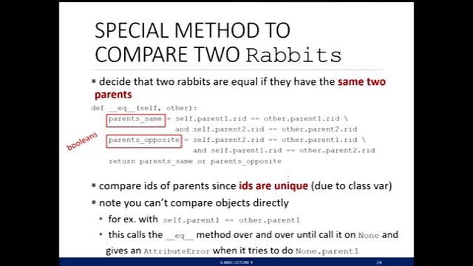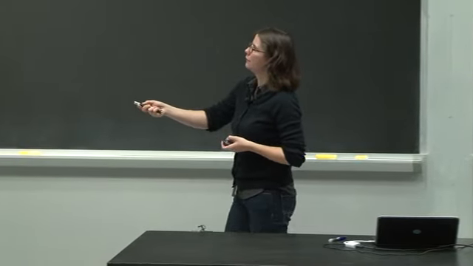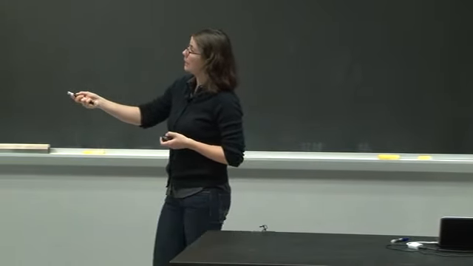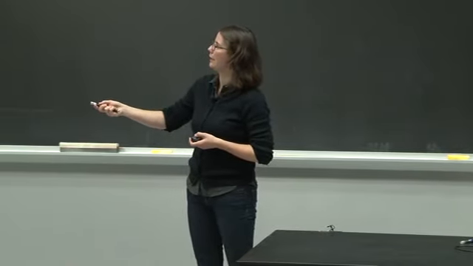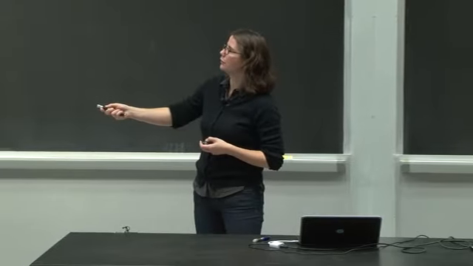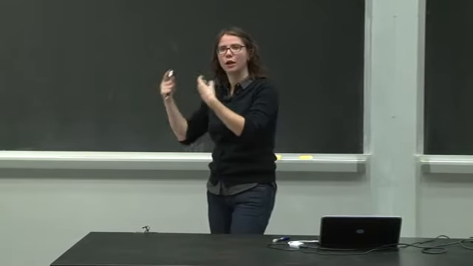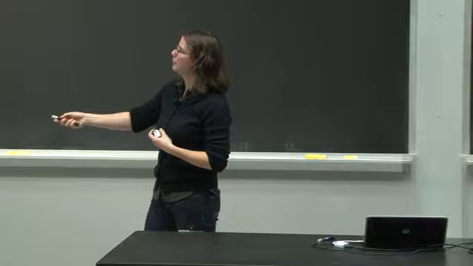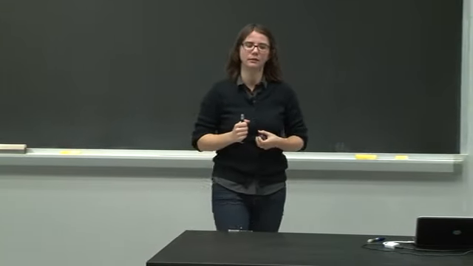Here notice that I'm actually comparing the IDs of the rabbits as opposed to the rabbit objects directly. If instead of comparing the IDs I was comparing the parents themselves directly, this method __eq__ would get called over and over again because we have parents that are rabbits.